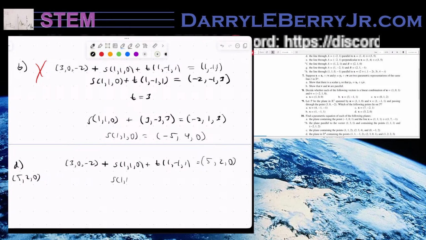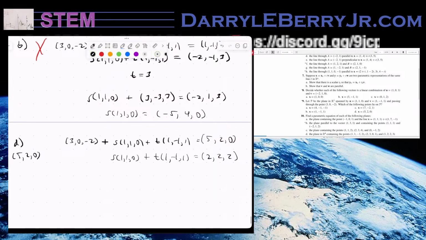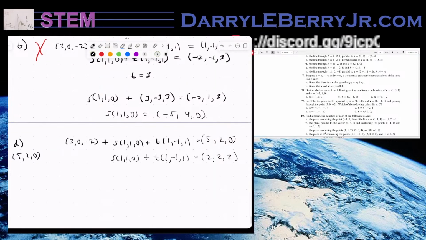So S 1 1 0 plus T 1, -1, 1 equals 2, 2, 2. Okay. We know there's a 2 on the right side, so T has to equal 2.